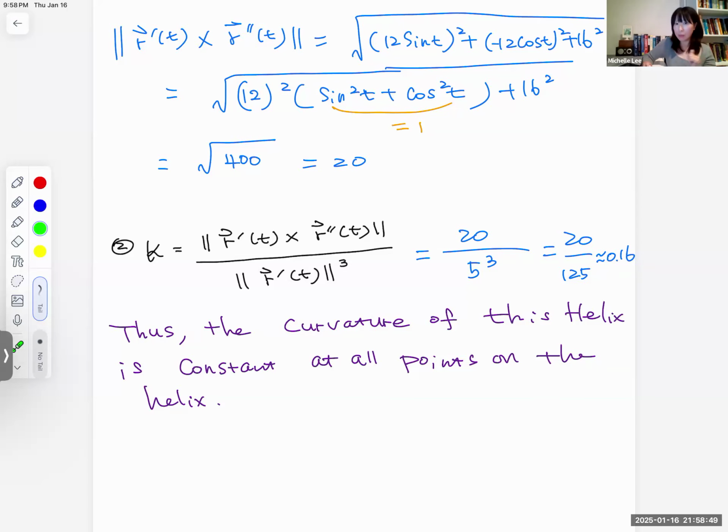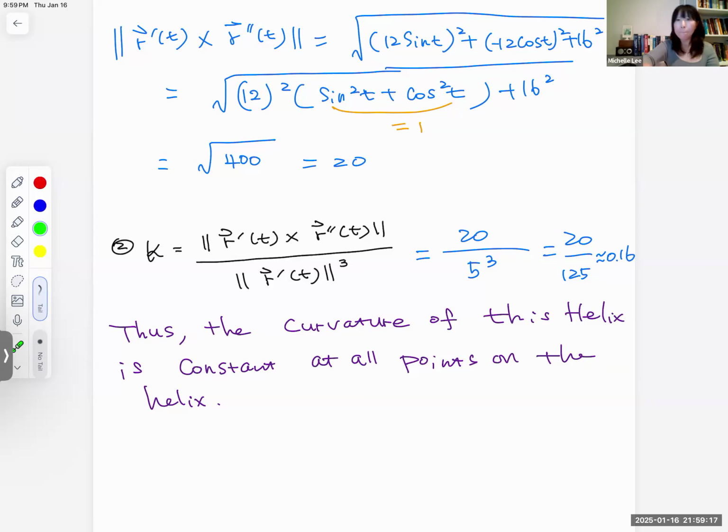Make sense? So everywhere it is 0.16. Makes sense because of the figure of a helix: the sharpness is the same everywhere. Okay, now we have another example.